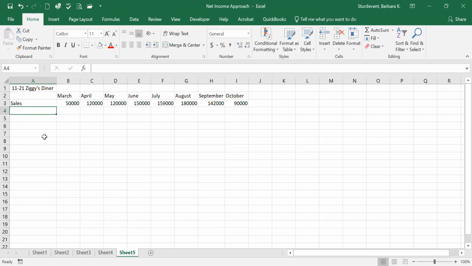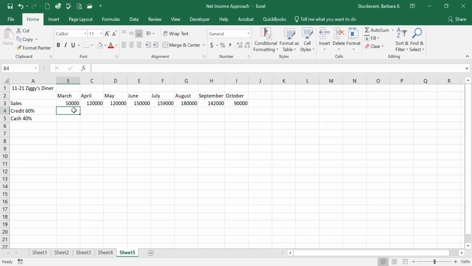Step two, so I'm going down to the next line, says they are 40% cash, 60% regular credit. Okay, so that's going to be our next step, to divide them between credit and cash. And that's all I'm doing.